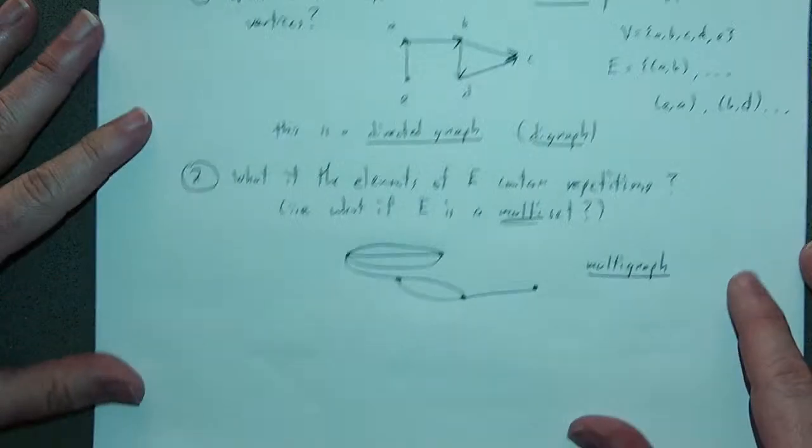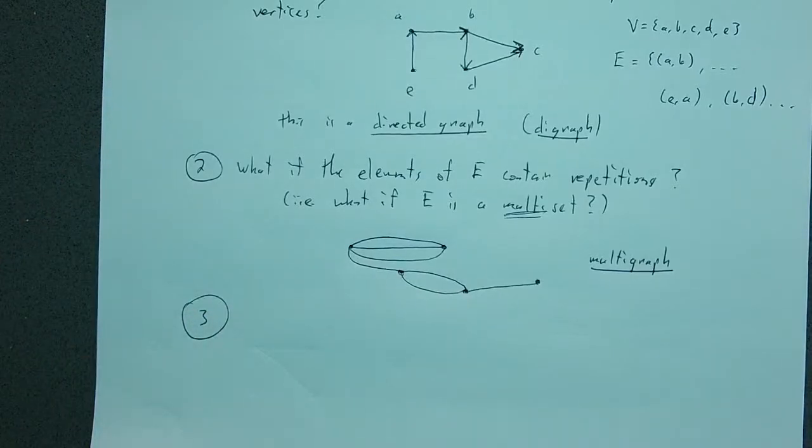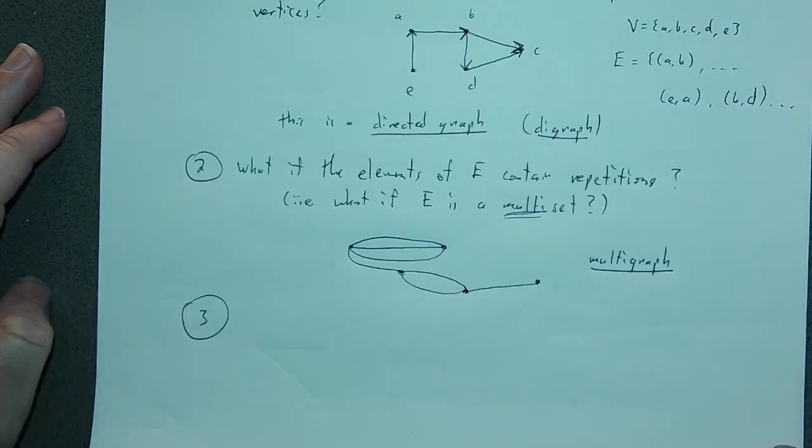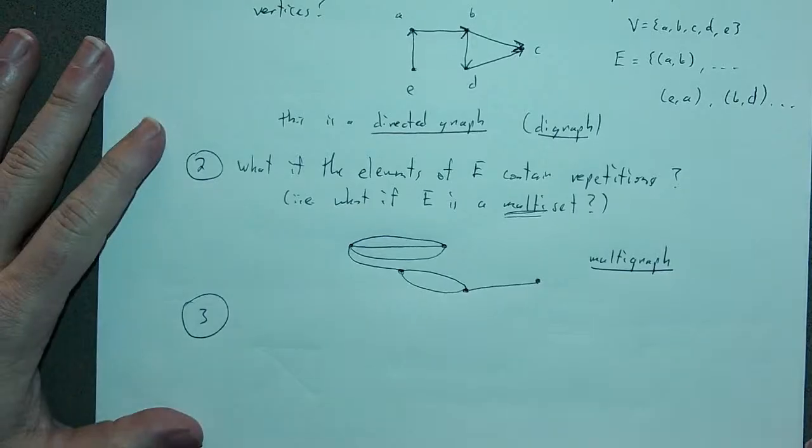Again, there are reasons why you would want to consider a multigraph. There are applications you might think of. We're not going to be concerned with this so much in this text, but this is definitely a property that you could put on a graph and then ask questions about.